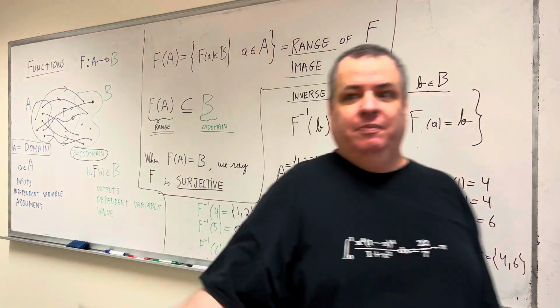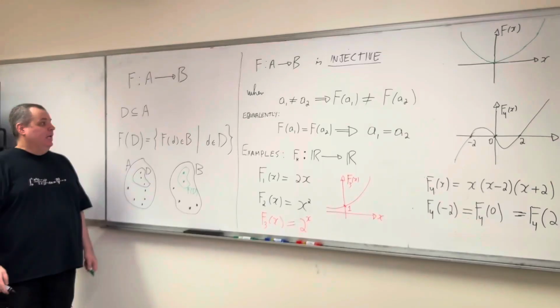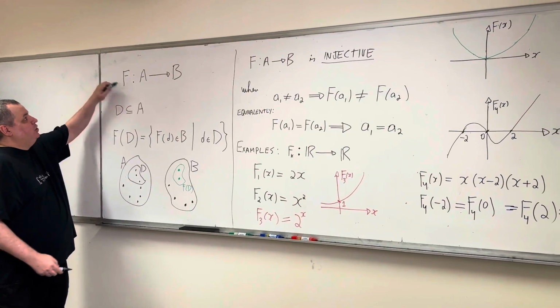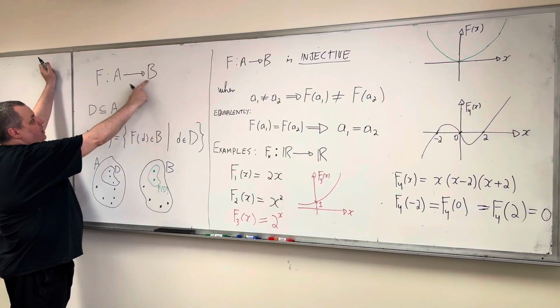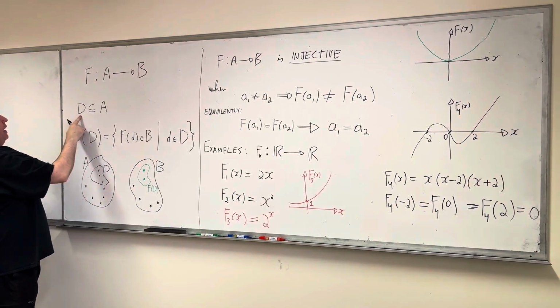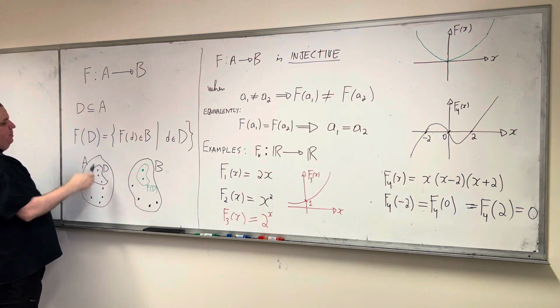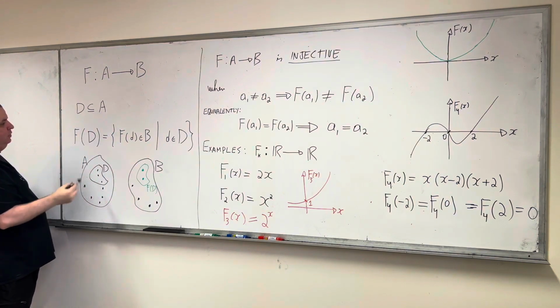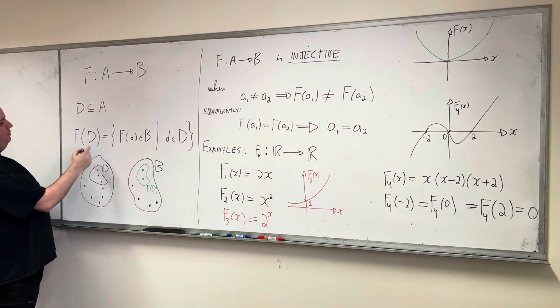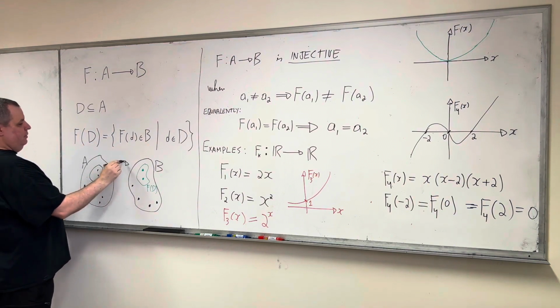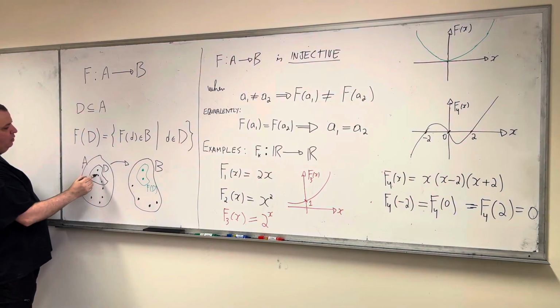Come with me. And here we have a function f going from A to B. Pick a subset of my domain. So D is a subset of A. Okay? What's f of D? Well, I look where all the points belonging to D are mapped.